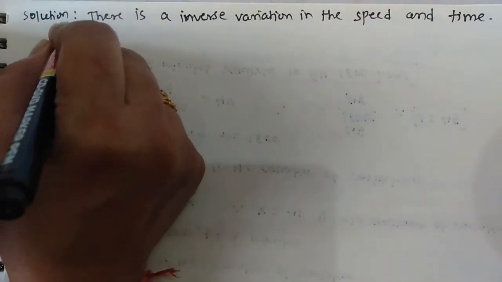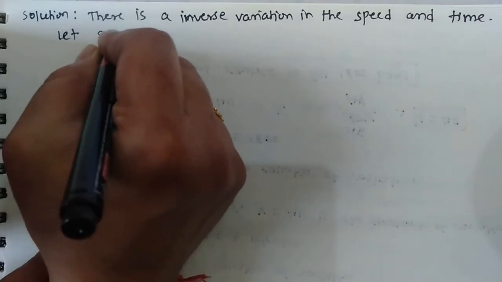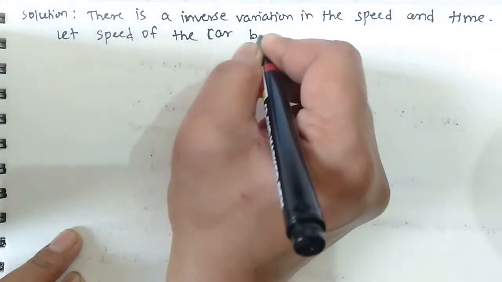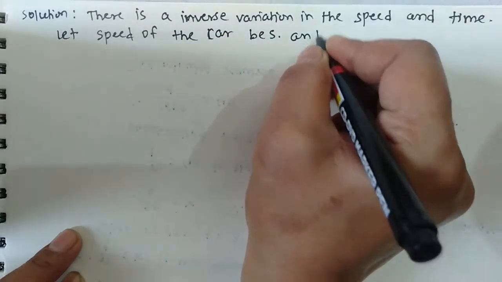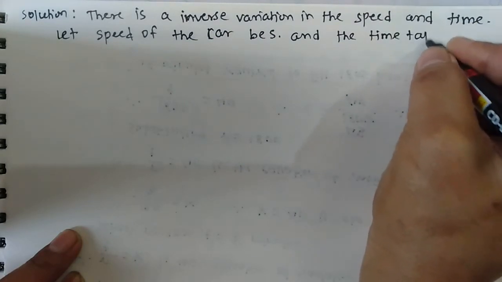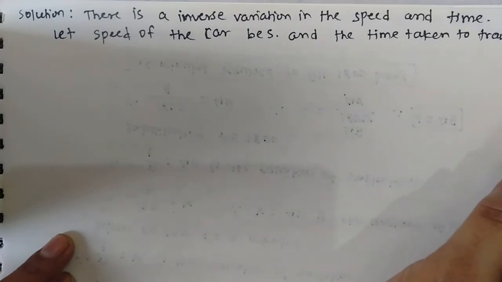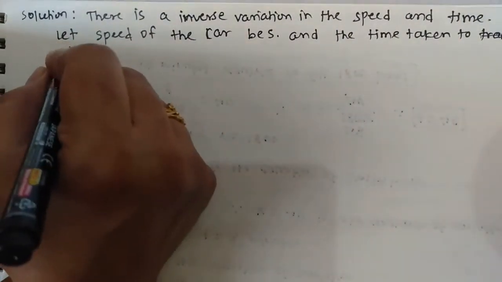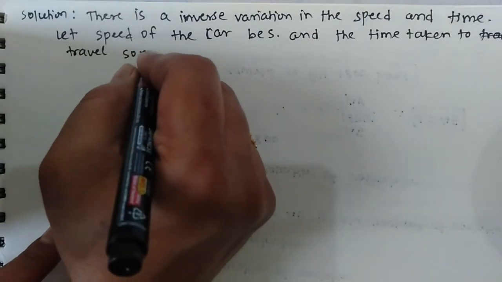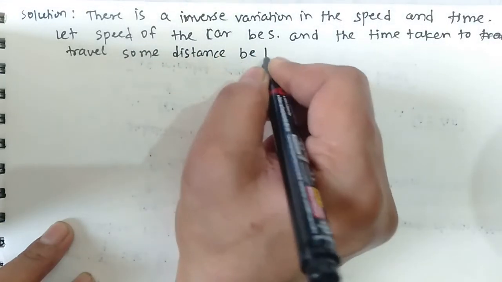So let the speed of the car be s and the time taken to travel some distance be t.